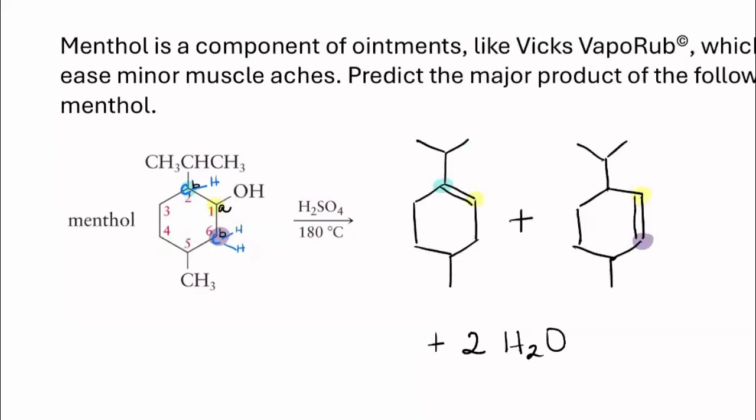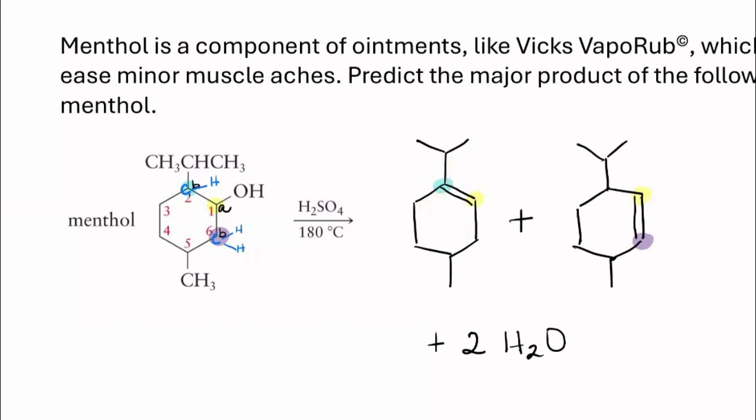Now, when I need to determine what is the major product and what is the minor product of the reaction, then I have to look closely at which alkene has the most carbon chains connected to it. When I look at the first alkene, I can observe that this carbon-carbon double bond is surrounded by one carbon chain, two carbon chains, three carbon chains.